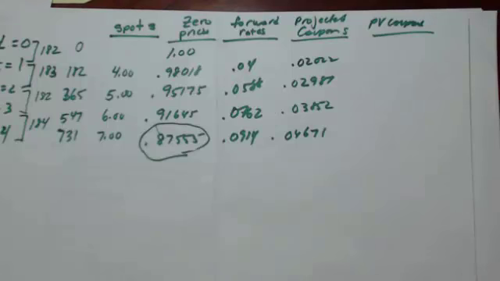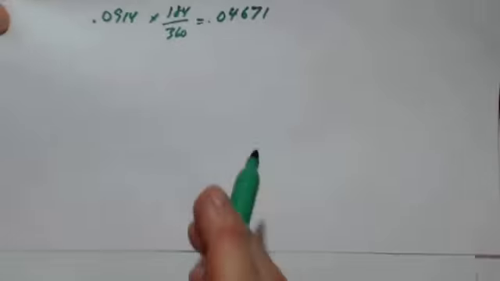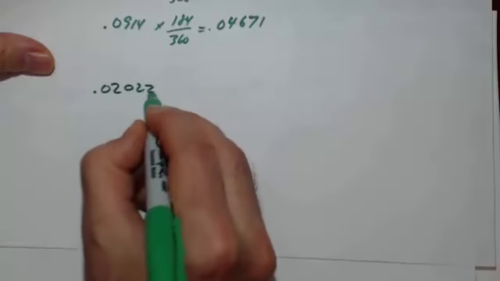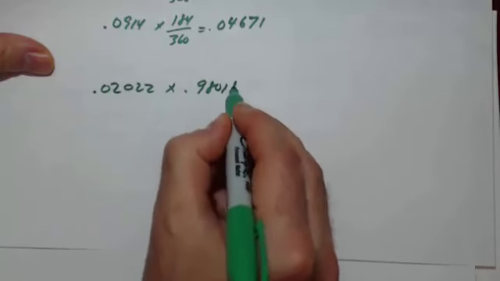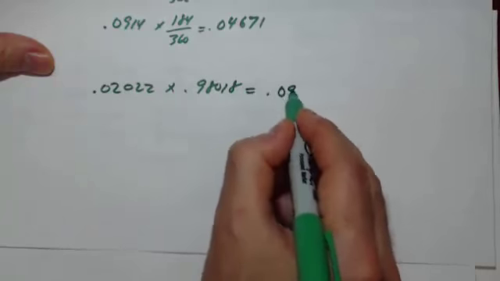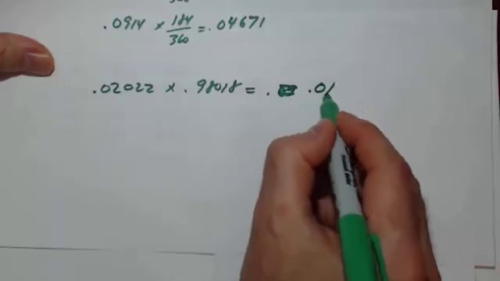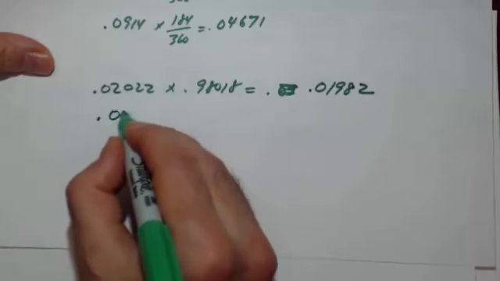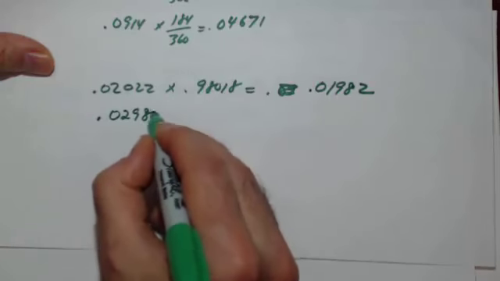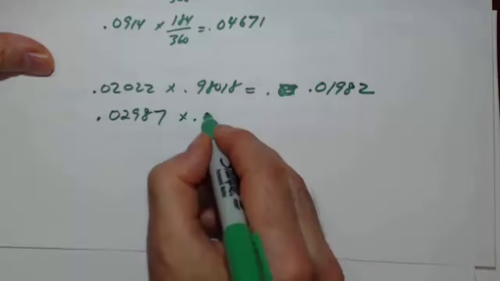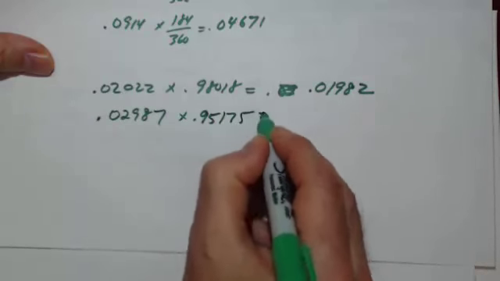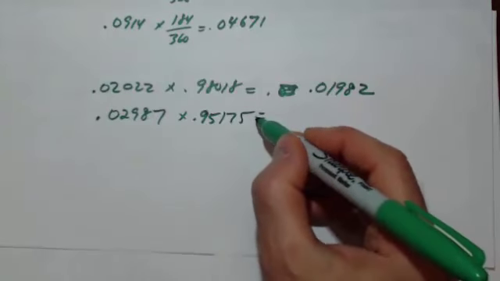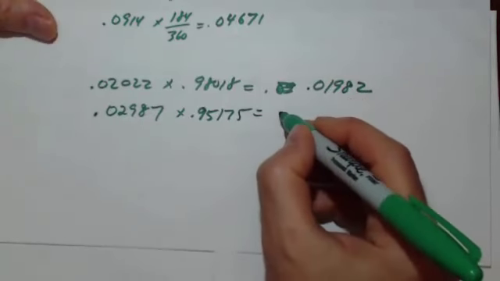Okay, so when I multiply these out, for example, I'll take 0.02022 times 0.98018. I'm multiplying them by the spot prices, the zeros, which are from the spots.